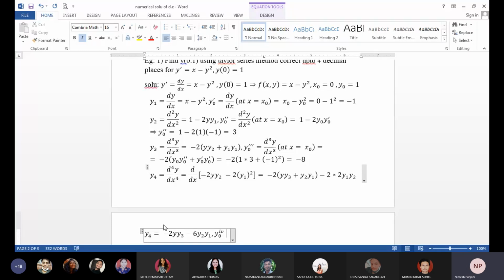Then the fourth order derivative of y0, that is the value of your fourth order derivative when x is equal to x naught.